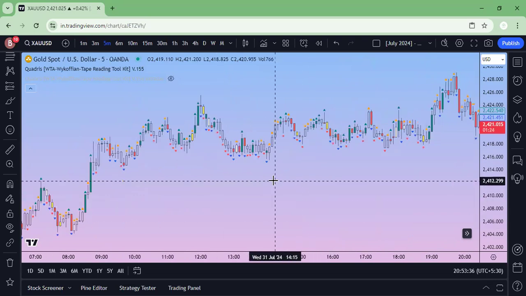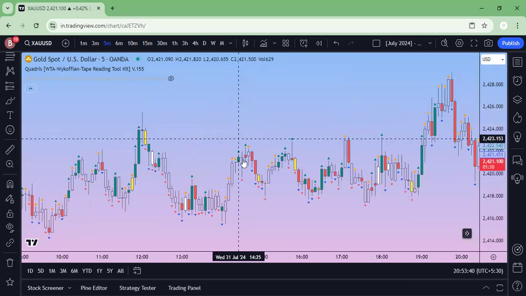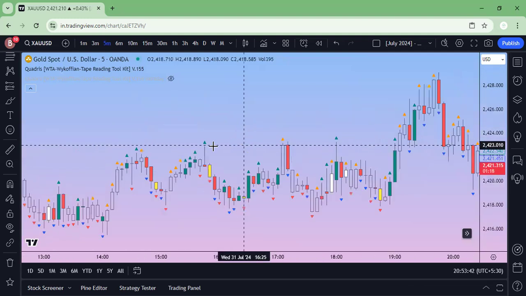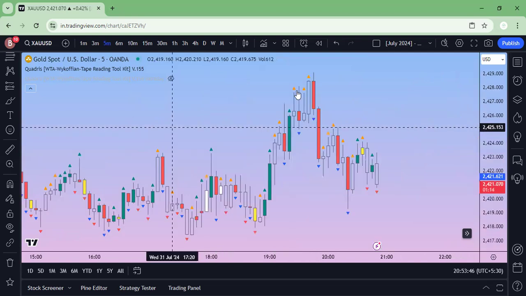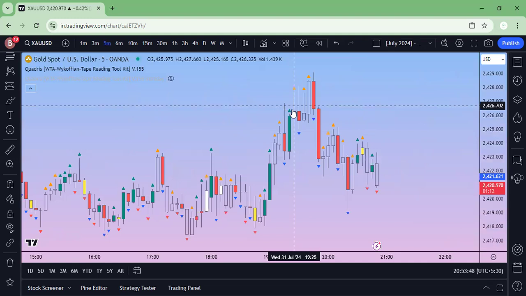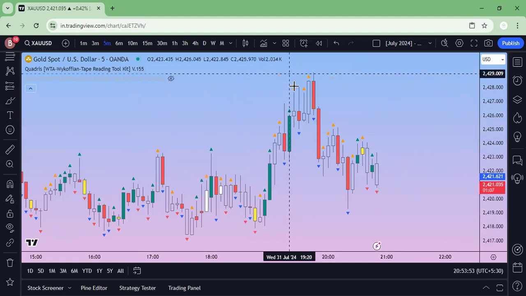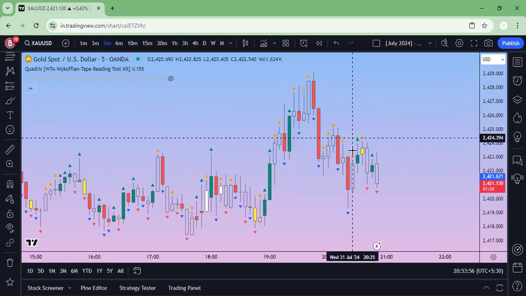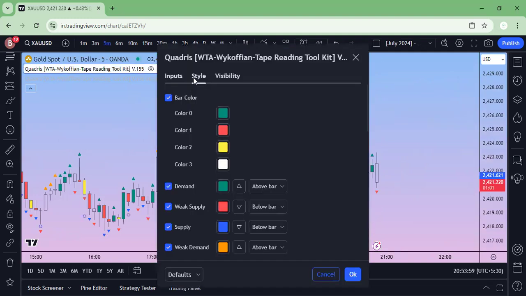This is not a fractal. This is a triangle. For you and for me, it is a triangle. It has its own calculation based on price and based on volume. It will do its own calculation. One second, let me turn on the label because we are not getting it.